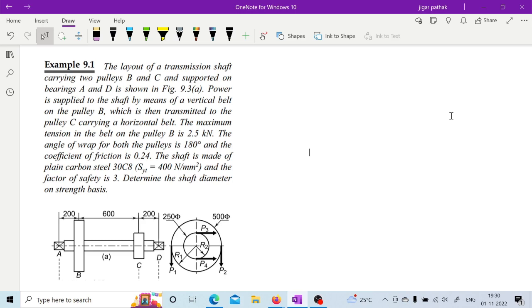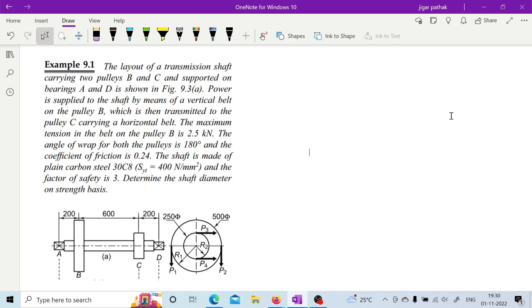Now here, at first you are going to use T1 by T2 equal to e raised to mu theta. You can start attempting this.